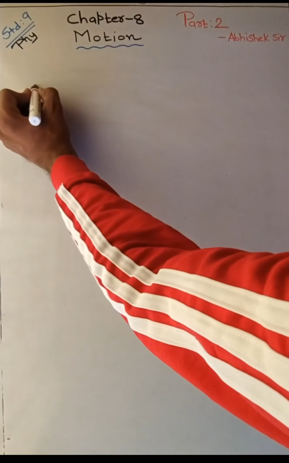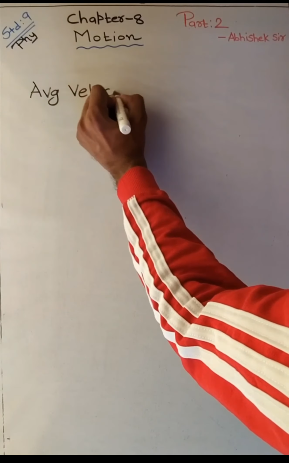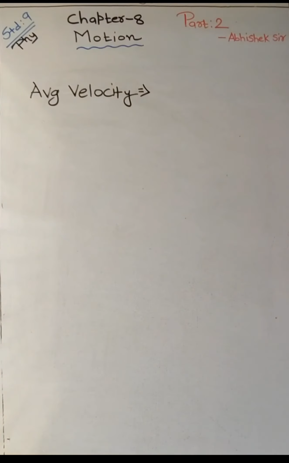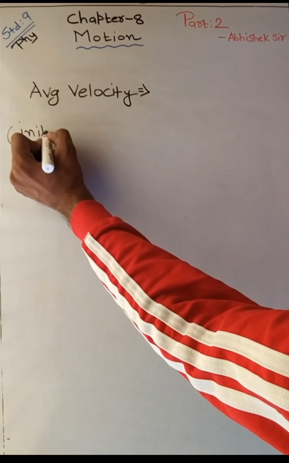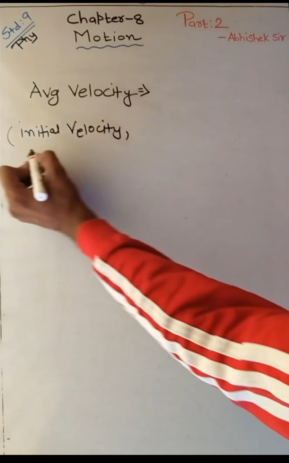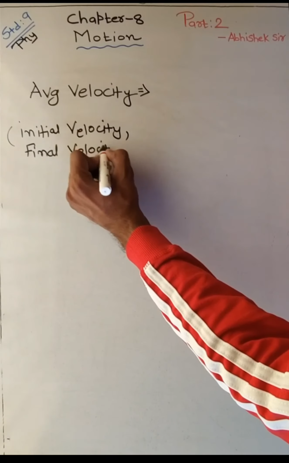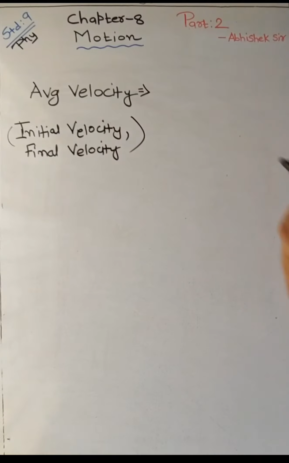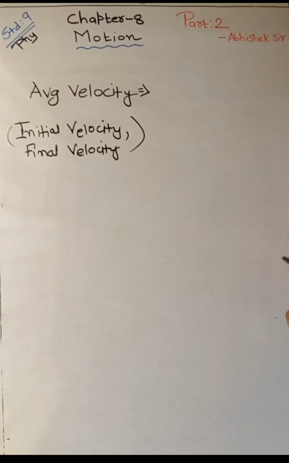Friends, average velocity can also be found by a new method, which I am going to write just now. In case the initial velocity and final velocity of any object are given, then also you can find average velocity.